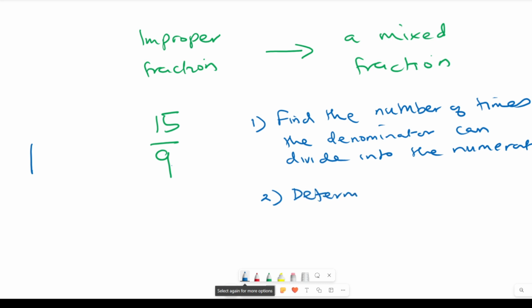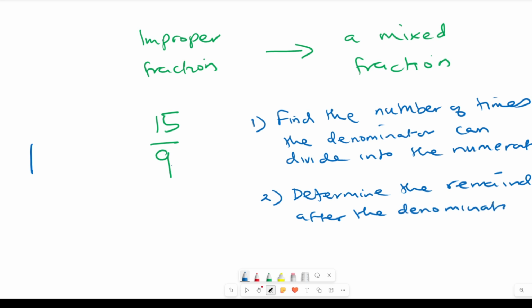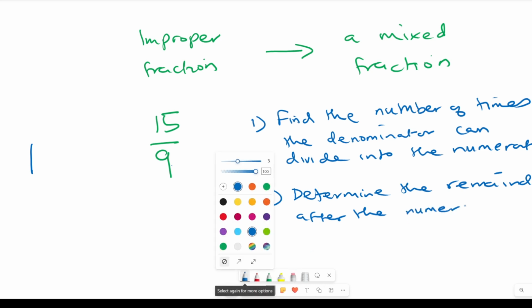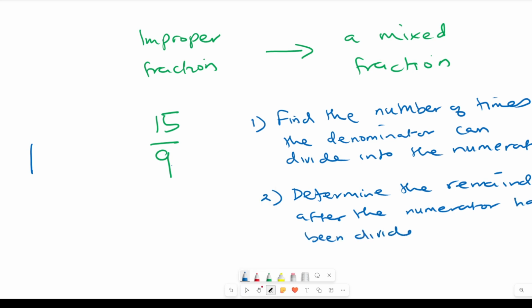Determine the remainder after the numerator has been divided by the denominator.